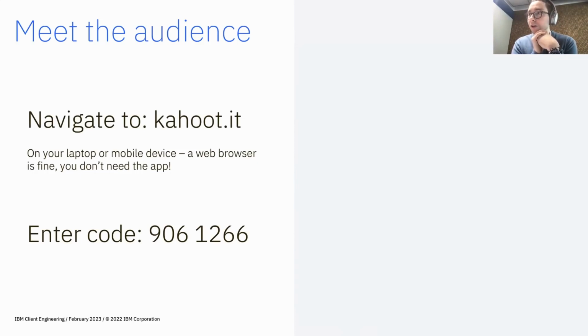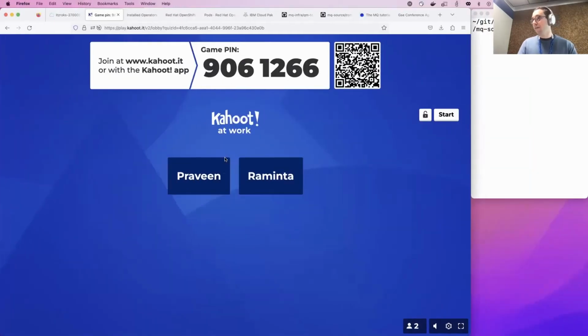All you need to do is navigate in a web browser to kahoot.it. You can do it on your laptop or mobile device. You don't need to download the app. If you're doing it on your phone, it starts trying to get you to do that. Just go to the kahoot.it website and enter the code 9061266.